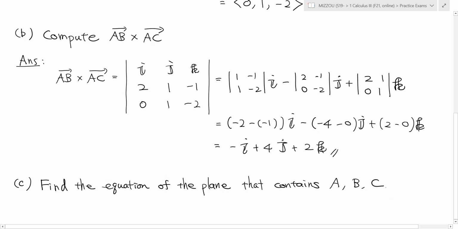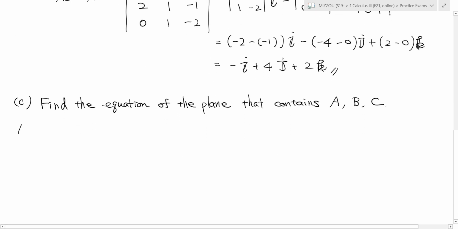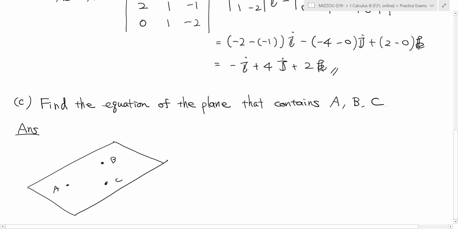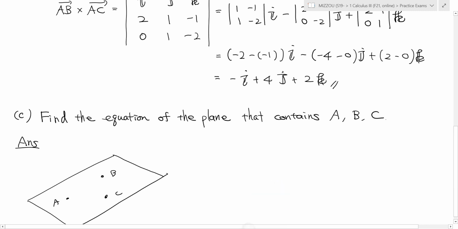And in part B, you computed the cross product of AB and AC, and indeed that vector serves as a normal vector. You could use this as your normal vector because, let me just write down a schematic picture. So suppose this is a plane, the plane that contains A, B, C. In the previous problem, we computed the cross product of vector AB and vector AC.